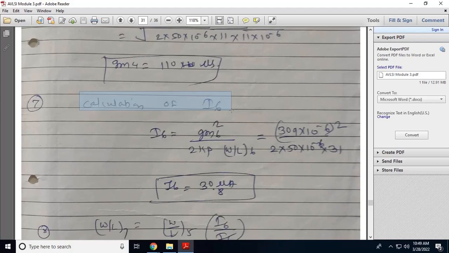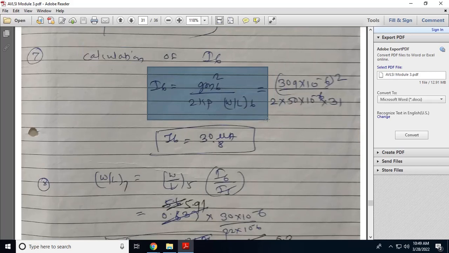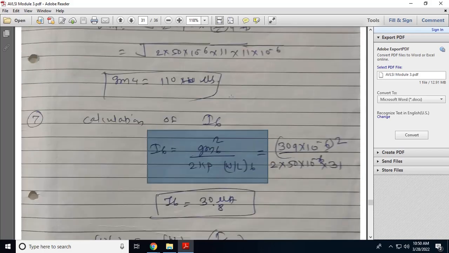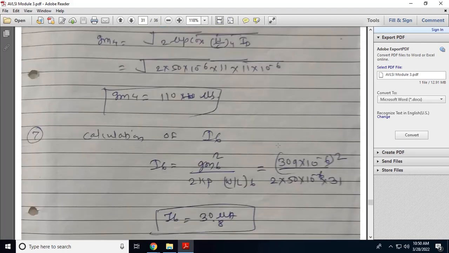Next step is calculation of I6. I6 is equal to transconductance 6 square divided by twice Kp into size of 6. Transconductance 6 is 309 micro Siemens, we can put here 2 Kp is 50 into 10 raised to minus 6, and size of 6 is 31.